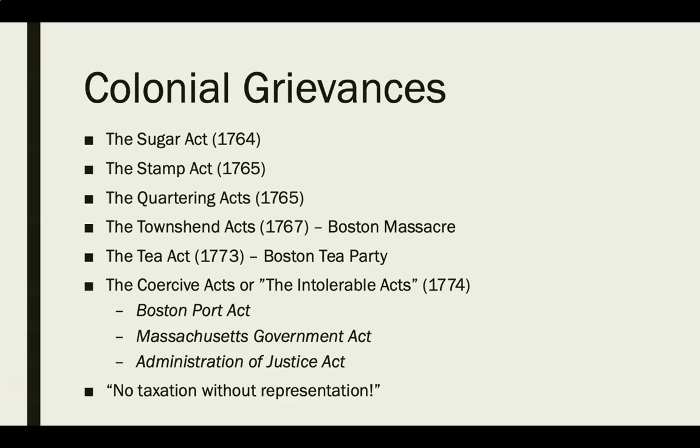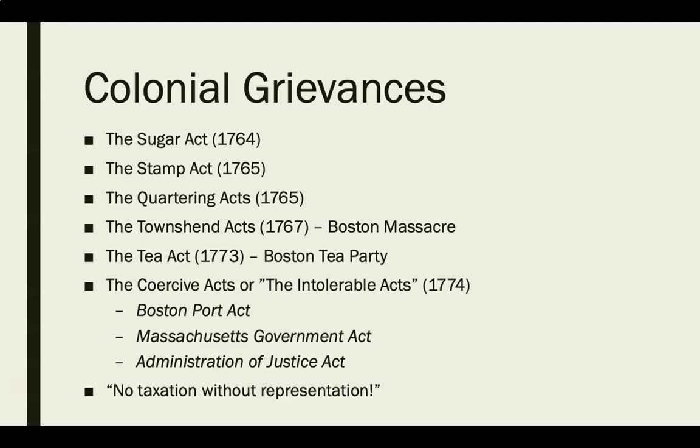The Tea Act was where Great Britain decided that only one company was allowed to sell tea to the 13 colonies, and that was the East Indies Company. Since it was a monopoly, there was no longer competition. They could sell their tea at any price they wanted because nobody else was there to sell it at a lower price and provide competition.